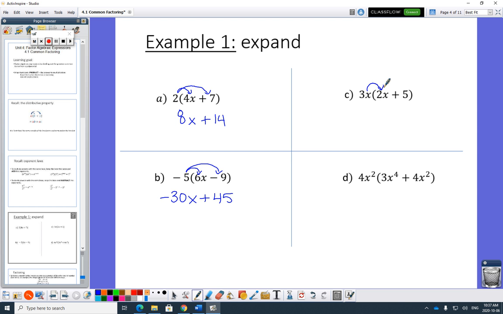So again, now you're doing 3x and 2x, so you multiply the numbers, and then when you multiply something that has a common base, you add the exponents. 3x times 5, you just have to multiply the numbers.